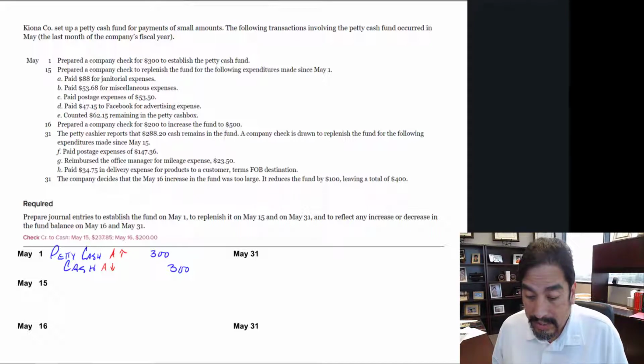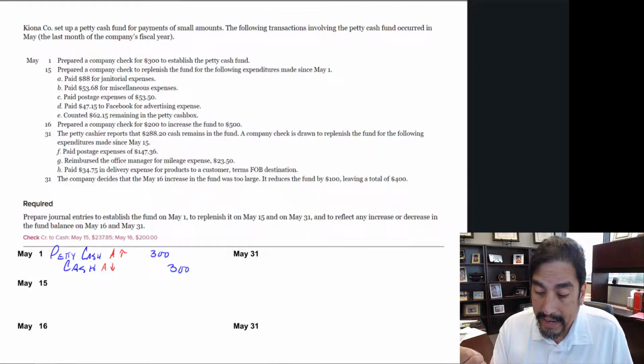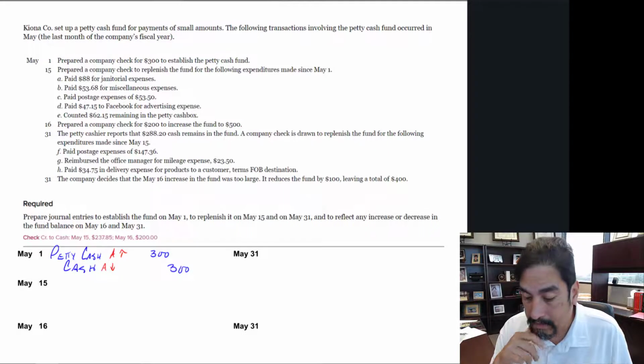So it looks like we paid $88 for janitorial expenses, $53.68 for miscellaneous expenses, $53.50 for postage expenses, $47.15 for advertising expenses, and then E is not really an expense, or not an expense like the rest of them are. Instead, E is telling us that we've got $62.15 left in our cash box.